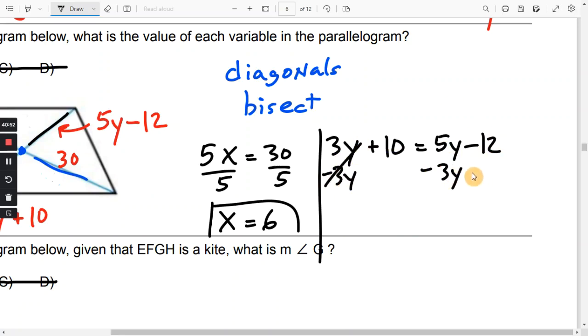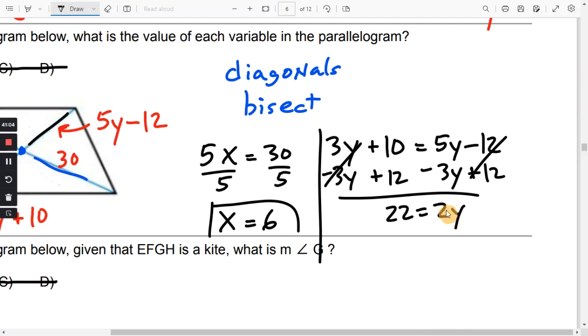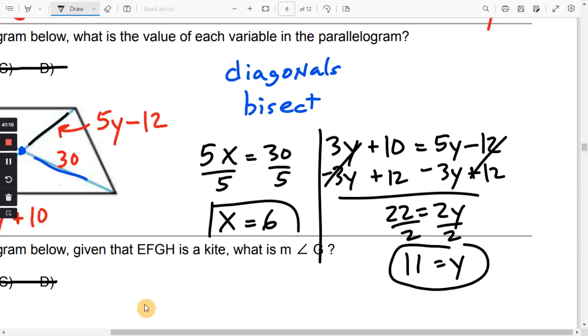The opposite of negative 12 is positive 12. 10 plus 12 is 22. 5y minus 3y is 2y. The opposite of times 2 is divided by 2. And 22 divided by 2 is 11. So we have 6 and 11. So remember, for the parallelogram, the diagonals bisect each other. They cut each other in half.